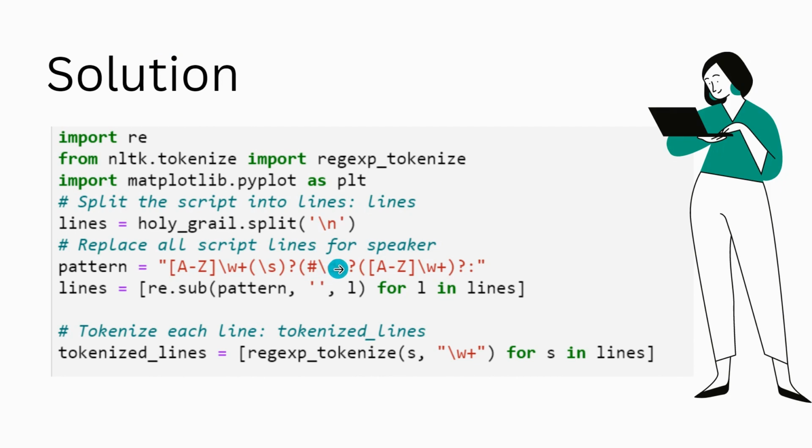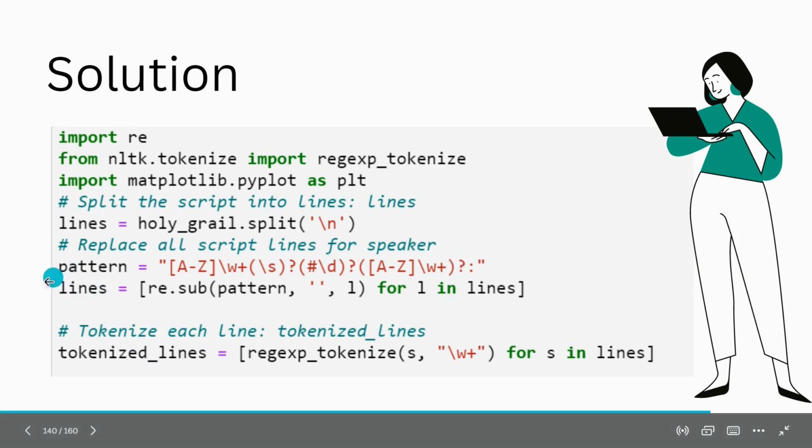Then a question mark again means this whole thing may occur or may not occur. The third part is A to Z in uppercase enclosed in square brackets with \w+, which means a word, only one word, and I'm enclosing it in parentheses. At the end I'm using a colon. The colon will definitely occur, so I'm not putting a question mark after it. The colon will always occur.